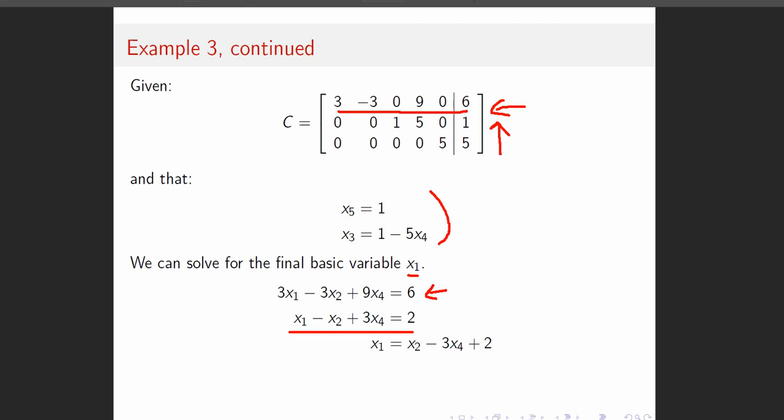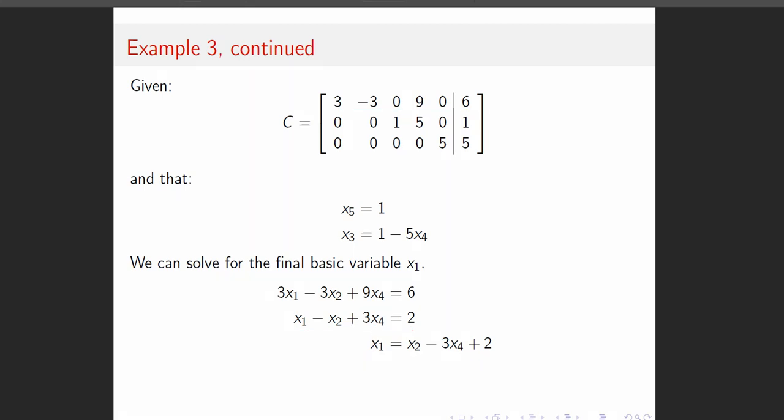So when we divide through by 3, we get that middle row in the string of equations. And then we're going to add x sub 2 to both sides and subtract 3x sub 4 from both sides. And yeah, so we end up with x sub 1 equals x sub 2 minus 3x sub 4 plus 2. Yay, we're moving right along.